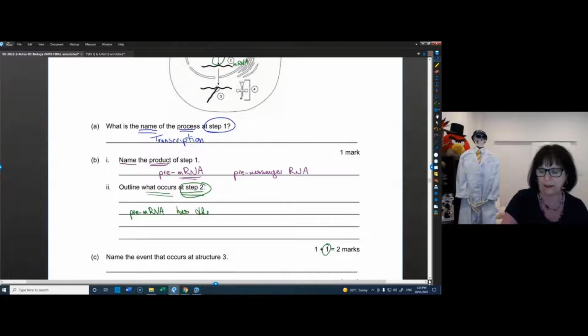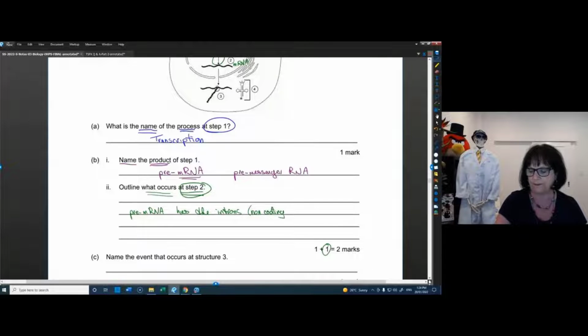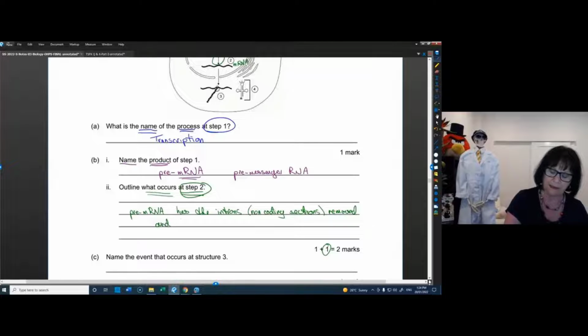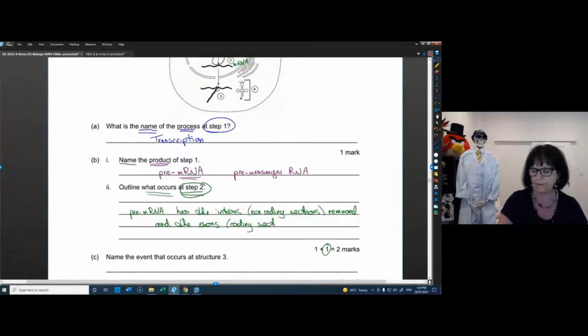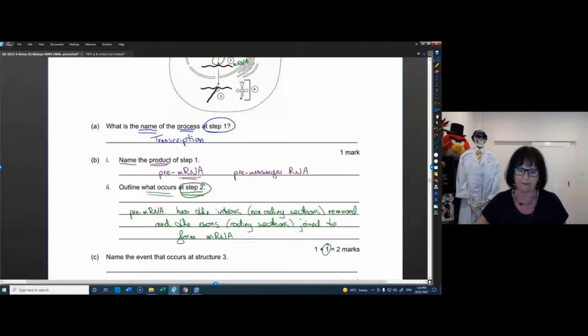has the introns, which are, remember, the non-coding sections, removed, and the exons, which are the coding sections, joined to form mRNA, or you can write mature mRNA.